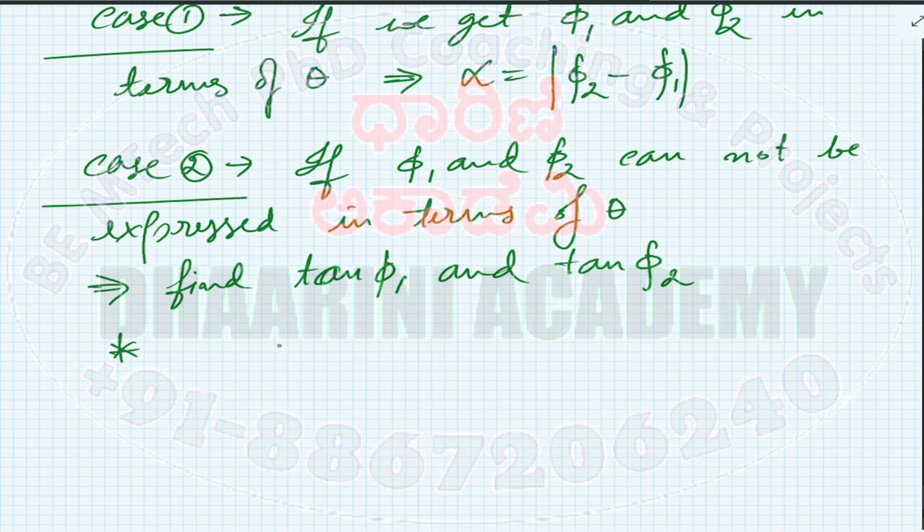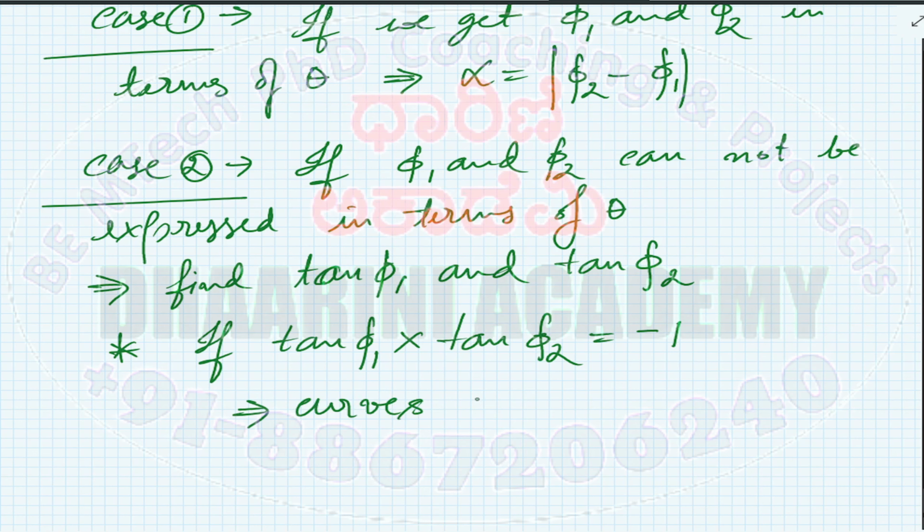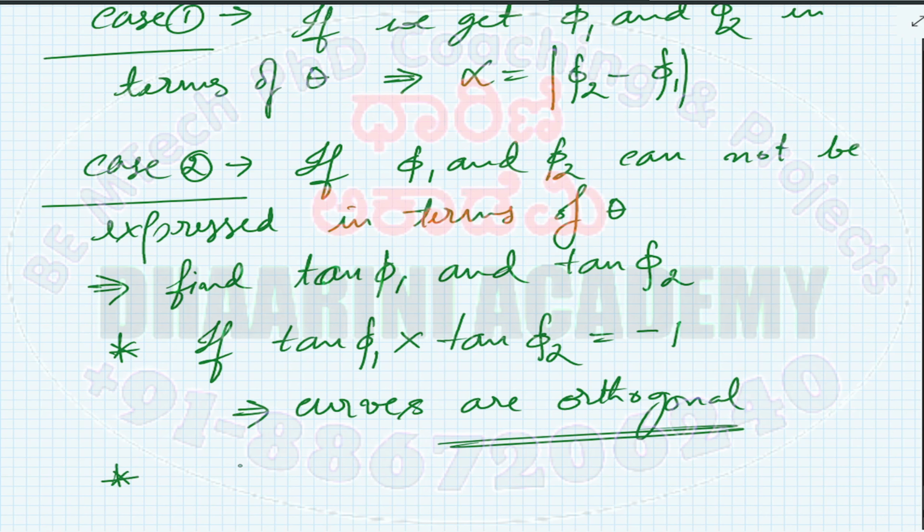So we'll write a condition: if tan phi 1 into tan phi 2 is equal to -1, because tan phi 1 is the slope of the first curve and tan phi 2 is the slope of the second curve, then when you multiply the slopes and get -1, the curves are orthogonal to each other, in the sense they intersect making an angle of 90 degrees or pi by 2.